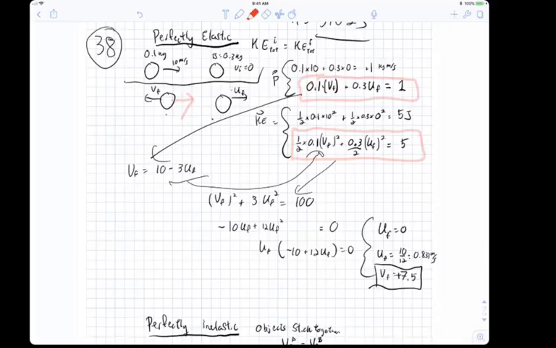The light ball should bounce backwards. Must have made a mistake somewhere in here. If the first one was heavier than the second one, it wouldn't have bounced off. What did I do wrong here? I did something wrong.